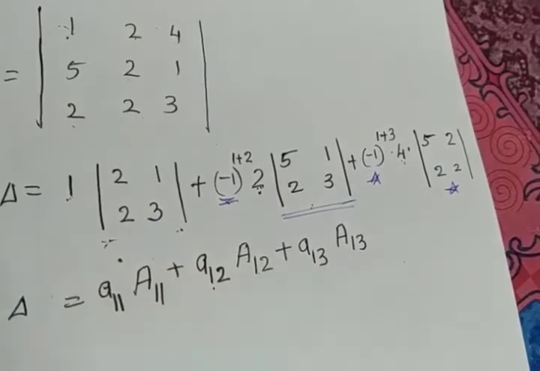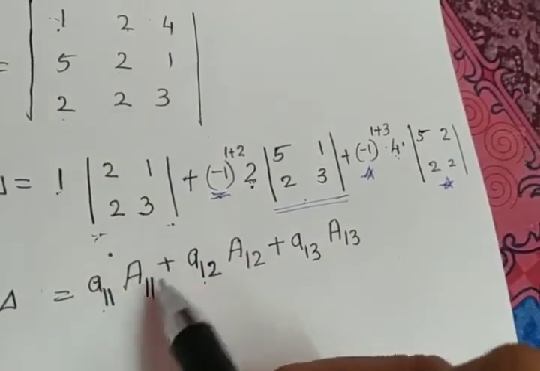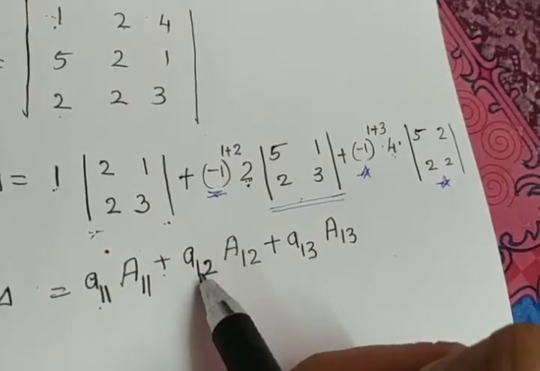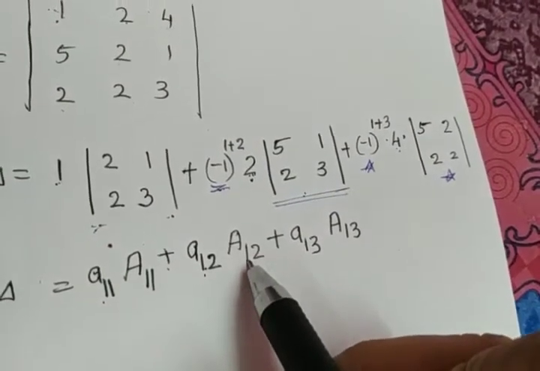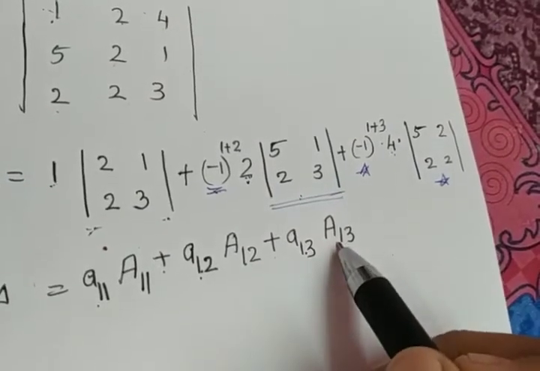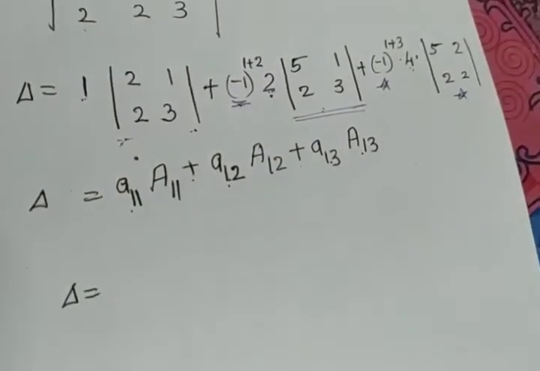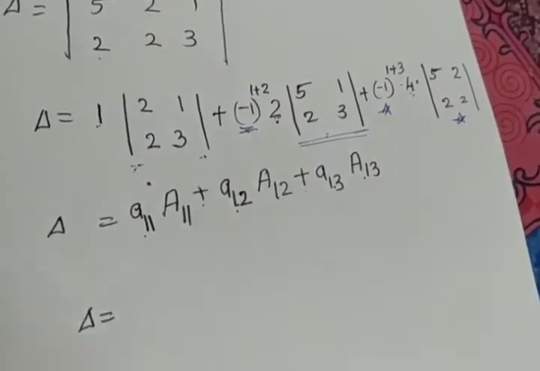If we are using the first row, we can write: first term into its cofactor, plus second term in the first row into its cofactor, plus third term in the first row into its cofactor. Similarly, if I want to calculate the determinant using the second row, how can I write?